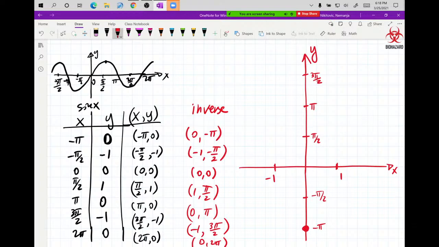Negative 1, negative pi over 2. 0, 0. 1, pi over 2. 0 and pi. By this time, when we have a normal class, someone yells bingo already. Then we have negative 1, 3 pi over 2. And then the pi would end up there. Look at the shape.